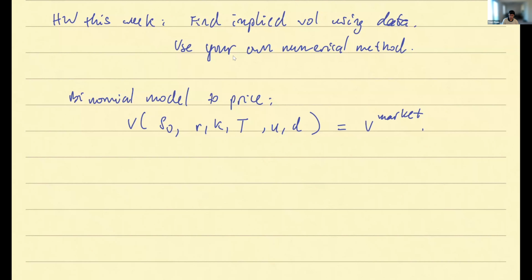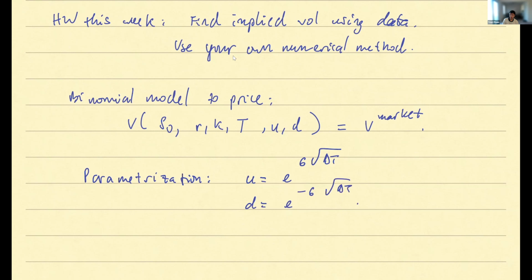All right. I'll tell you the answer, and we'll talk more about this next time. There is a parameterization that is very useful in the binomial model that you should know about. You would use u to be e to the sigma square root of delta t, and d to be e to the minus sigma square root of delta t. This is actually discussed in Hull, Section 13.7, matching volatility.